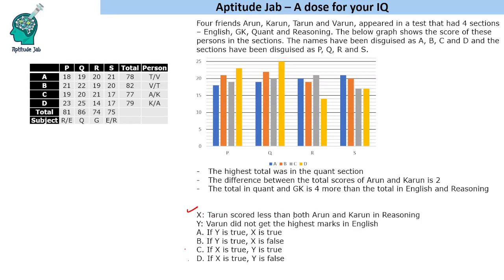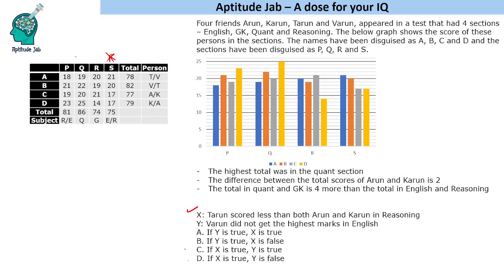Okay, Tarun scored less than both Arun and Karun in reasoning. Now Tarun can be any of them, right? So if you consider Tarun, this person, suppose we consider this as reasoning. Now whether it is this Tarun, or this, or he is Tarun, they cannot score less than Karun in reasoning, right?